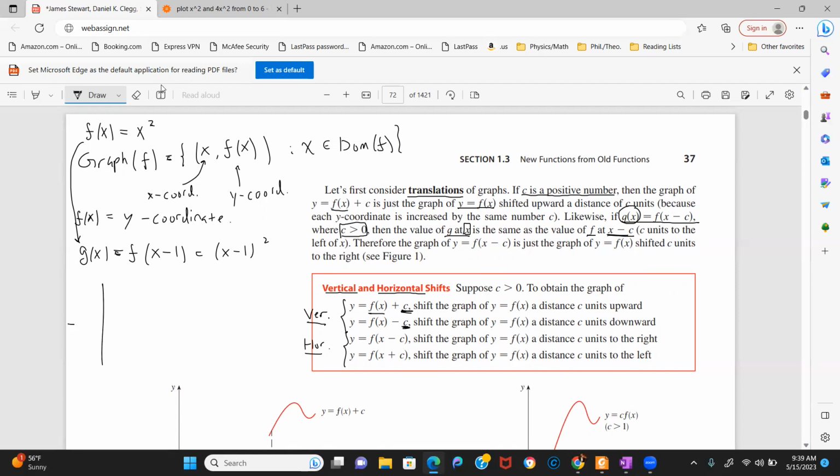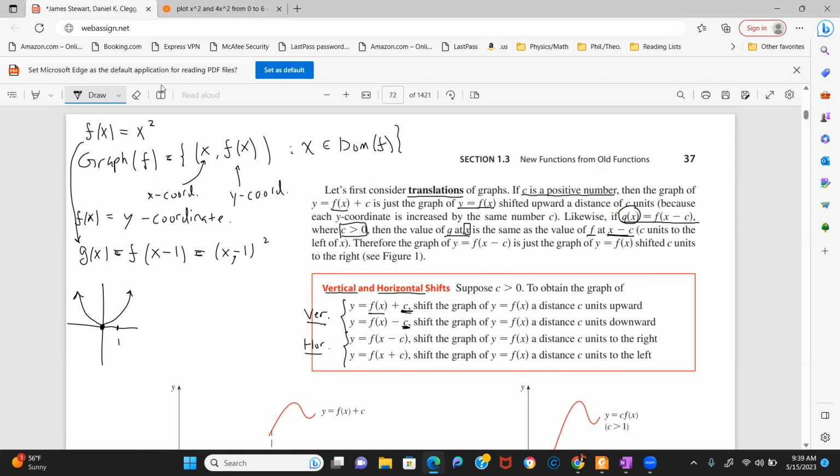Now a plot of x squared, remember, looks something like this. When you subtract this 1, you're subtracting it from every single x. In other words, I take this point right here, say this is 1. When you subtract 1, it moves over to this spot here, to 0.